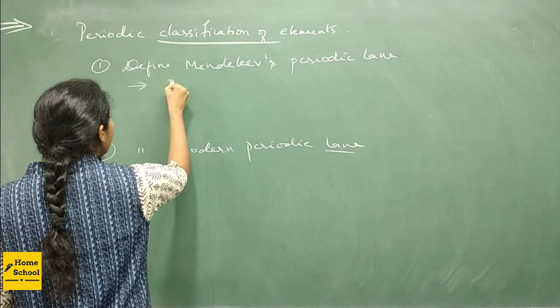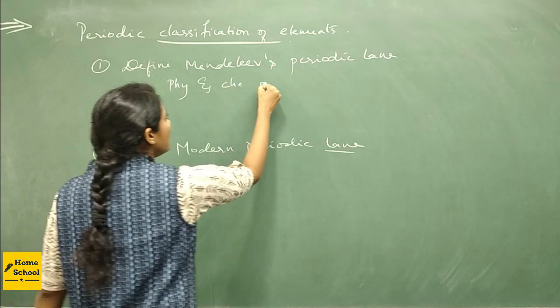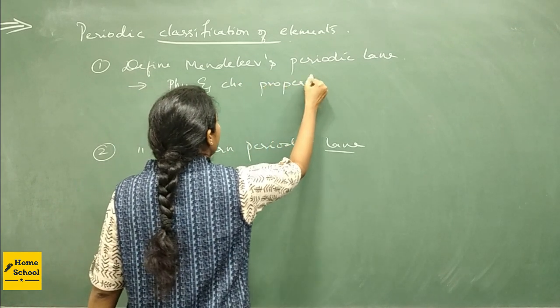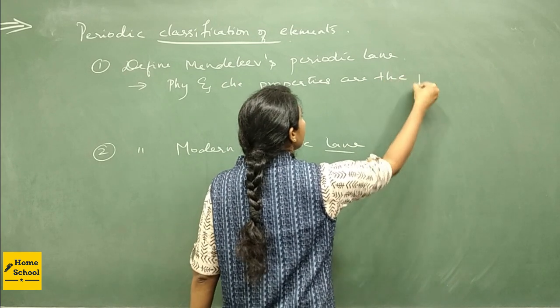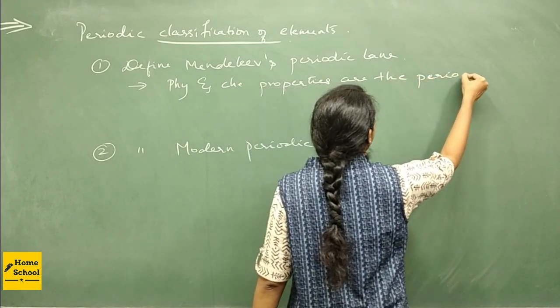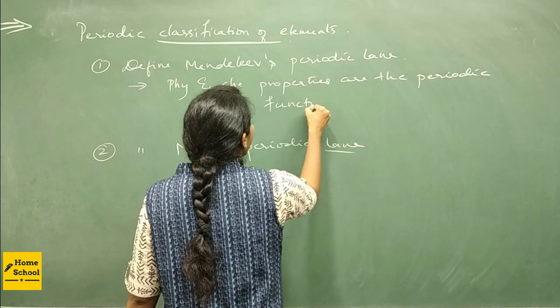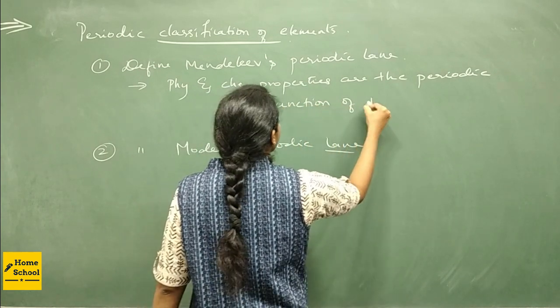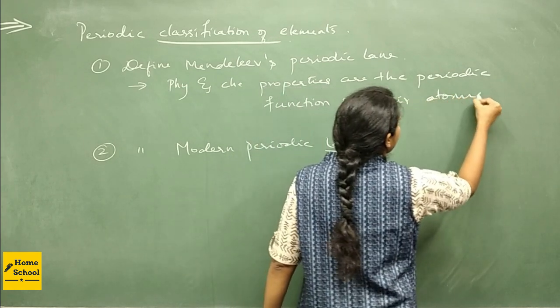Okay, fine. So what is the answer here? The physical and chemical properties are the periodic functions of their atomic mass.